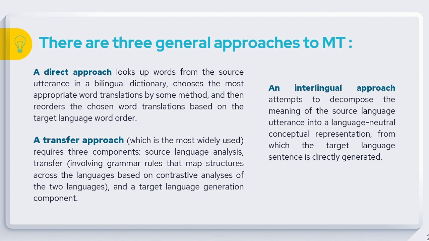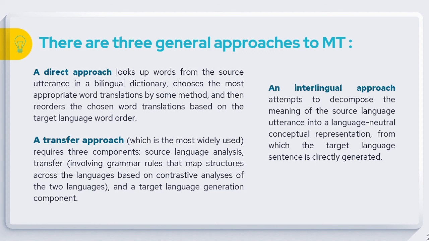A direct approach looks up words from the source utterance in a bilingual dictionary, chooses the most appropriate word translation by some method, and then reorders the chosen word translations based on the target language word order. This approach by itself doesn't lead to good results, but it is useful in translating between very similar languages.